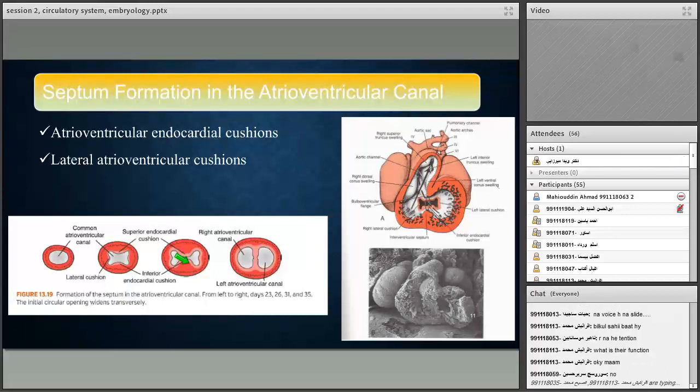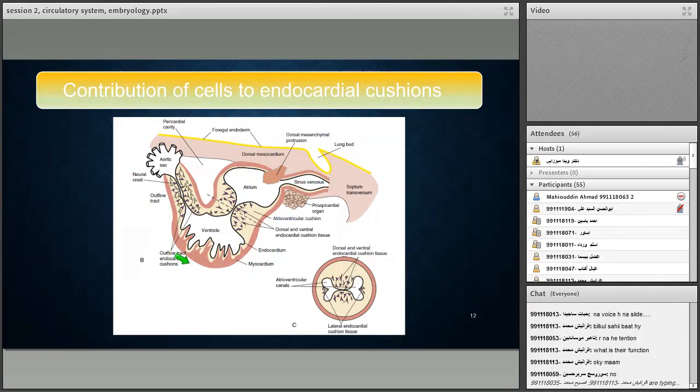Now, in this slide number 12, we can see the contribution of the cells to endocardial cushions. Look at here, this is a beautiful picture of these happenings. We can see the cardiac tube.